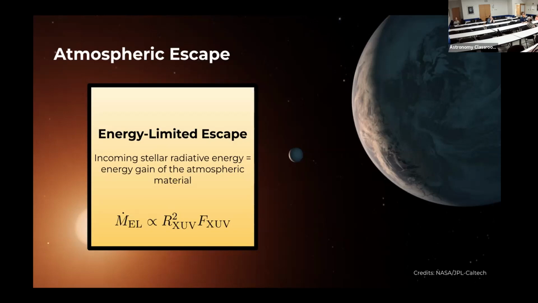It's called energy-limited escape, where you basically set the incoming stellar energy equal to the energy gain of the atmospheric material. What it ends up being is that your XUV, your high-energy flux, is really proportional to how much you lose. So it's a pretty simple and very rough estimation.